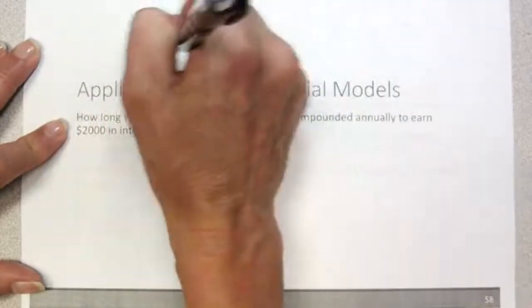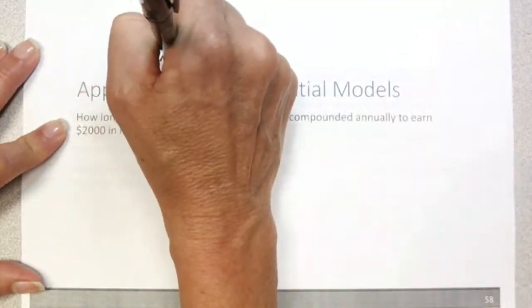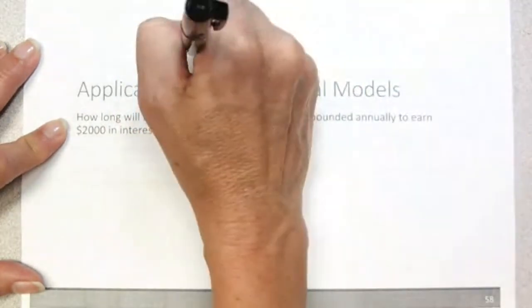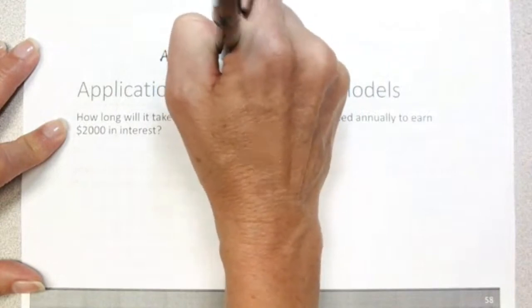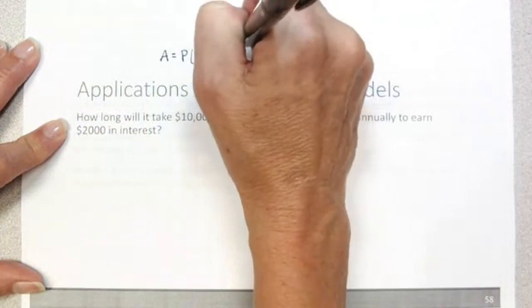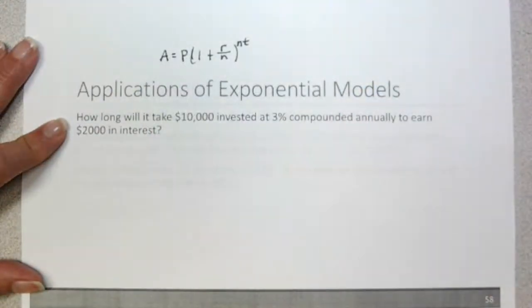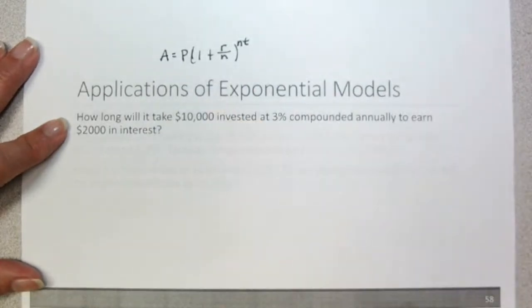Some future amount is equal to the principal amount, or the current value, times 1 plus the interest rate divided by the compound period, raised to the compounding period times the number of years that the investment is in place. So that's that formula.